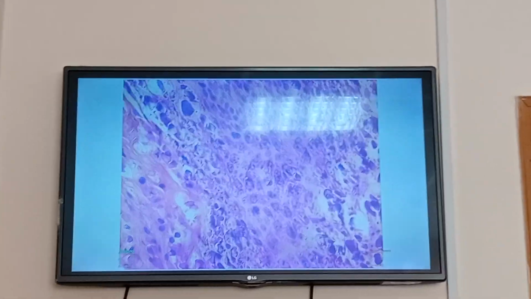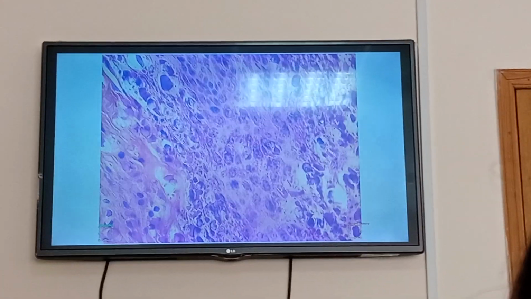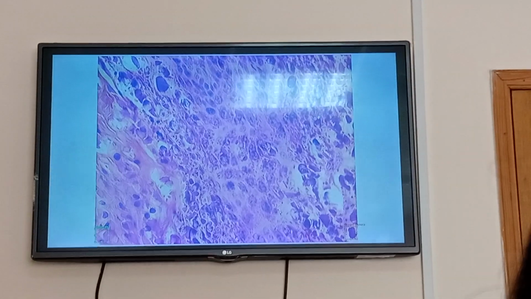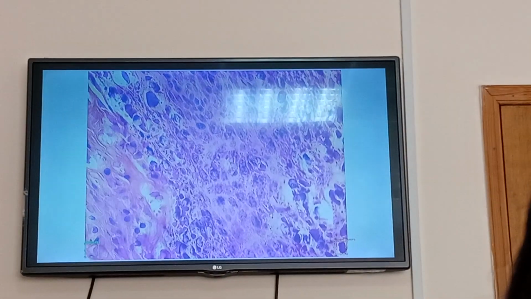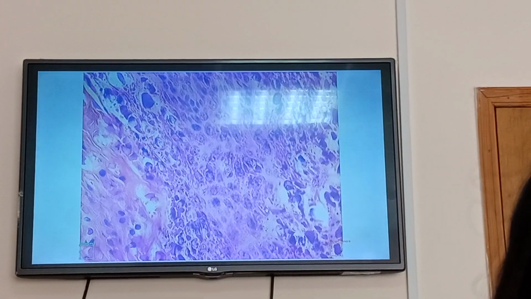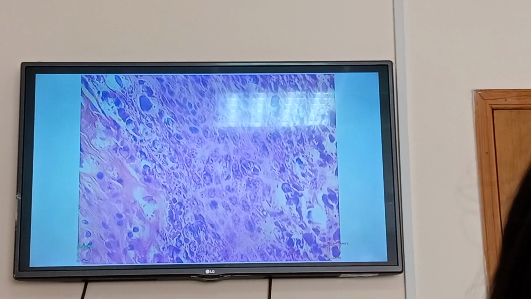Eosinophilic inclusions mean viral particles, viral structures in the cytoplasm of the keratinocytes. Looks like molluscum bodies, also known as molluscum bodies. These are intracytoplasmic inclusions. What else?